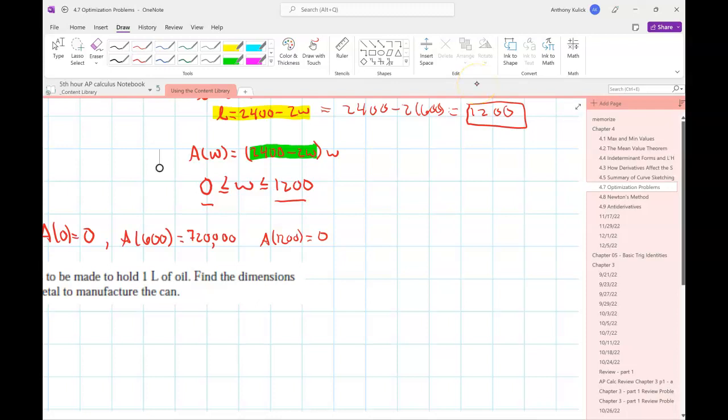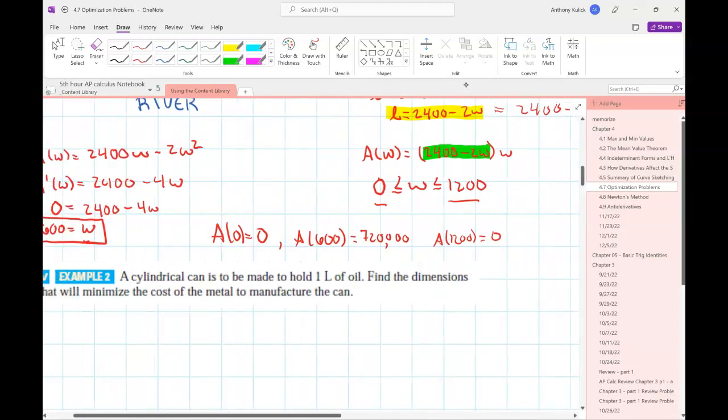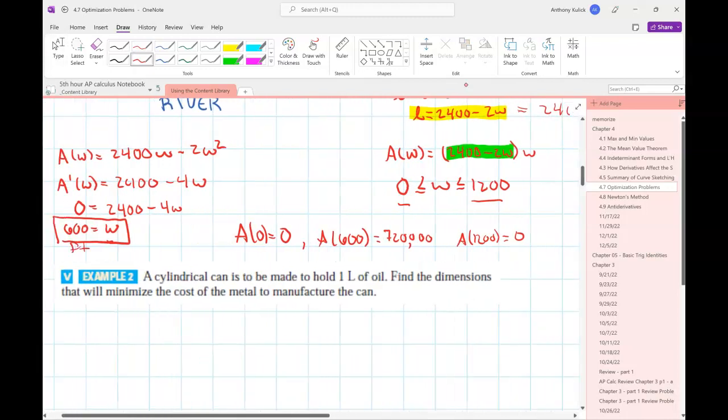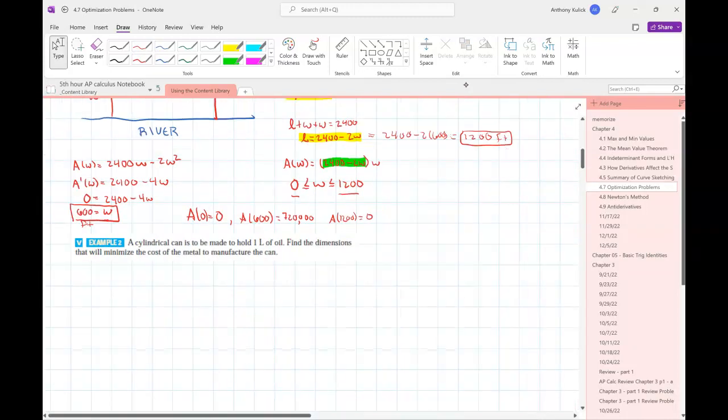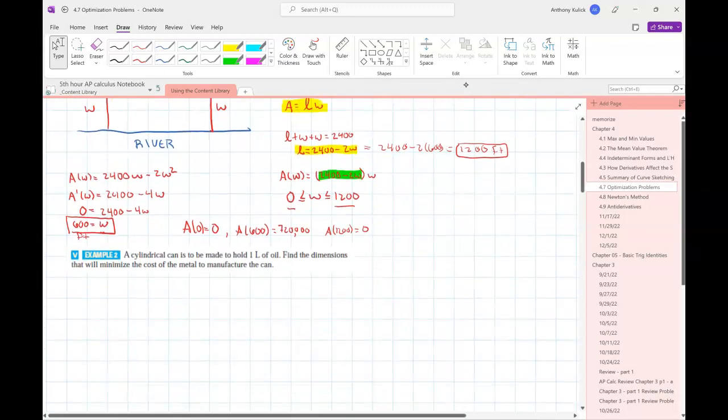And I should probably have a unit on here. I forget if these were feet. So that's my length. And this was my width. Is that okay with you guys?